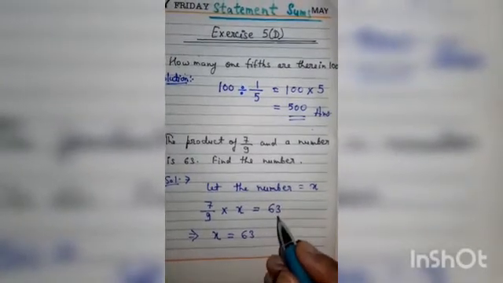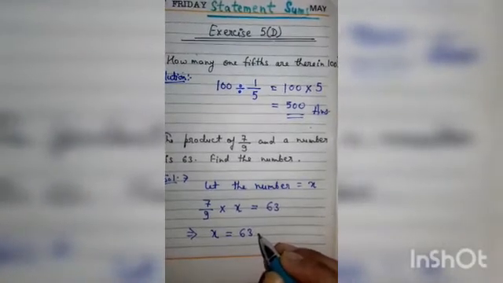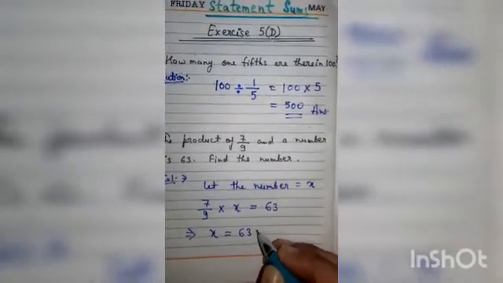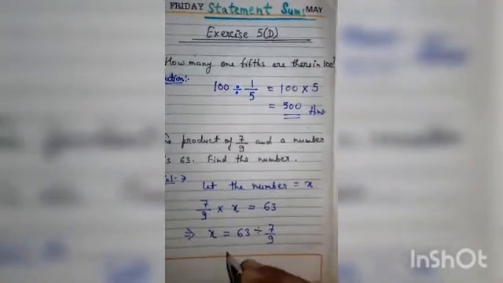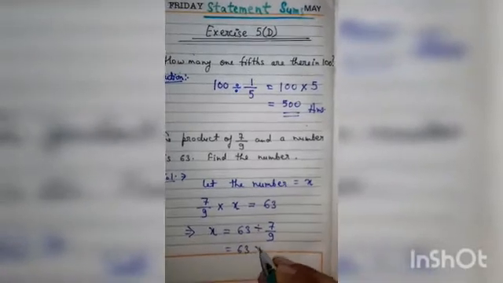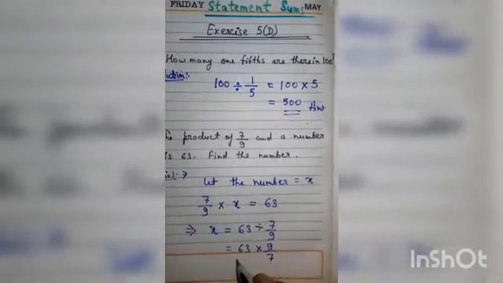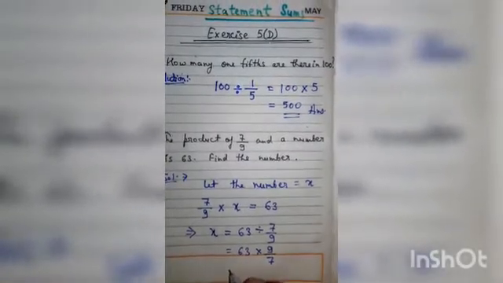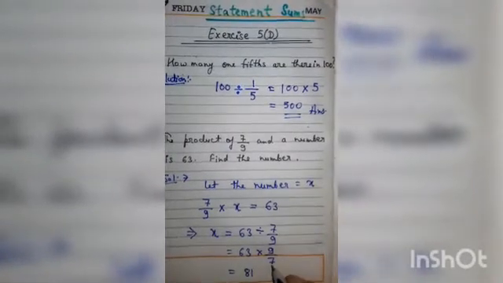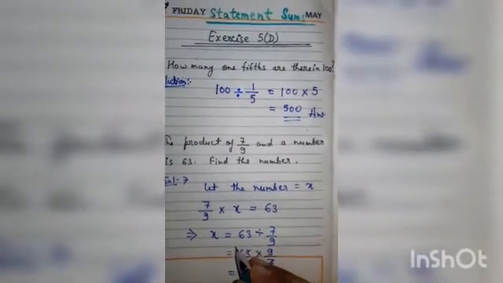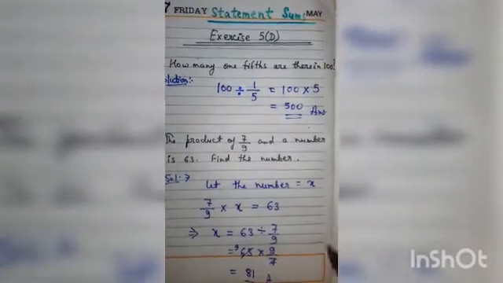So 63 divided by 7 by 9 becomes 63 into 9 by 7. 7 nines are 63, and 9 nines are 81. 81 is the number.